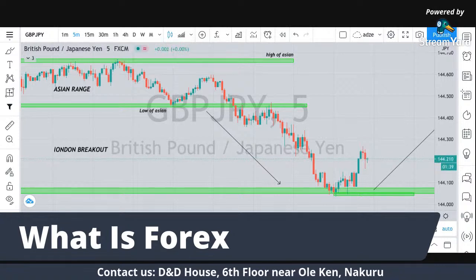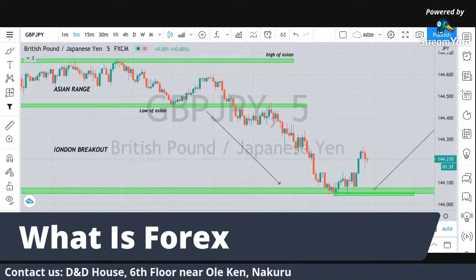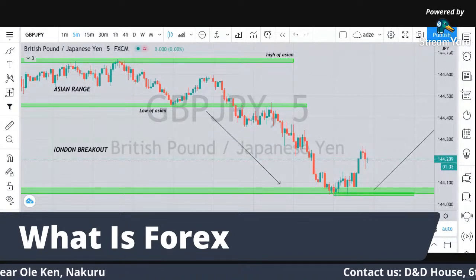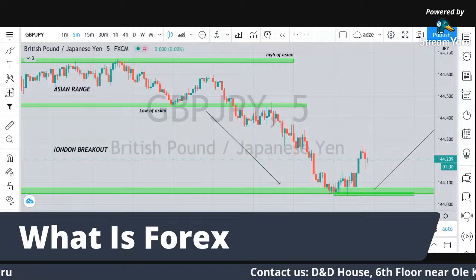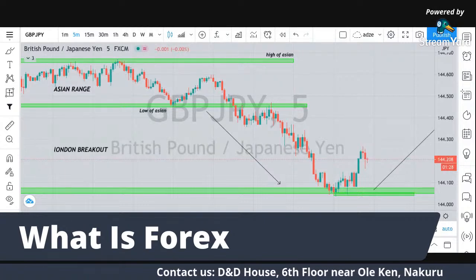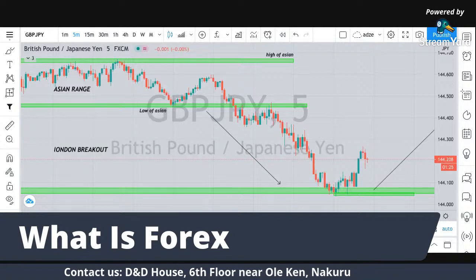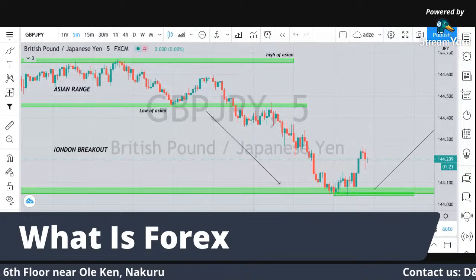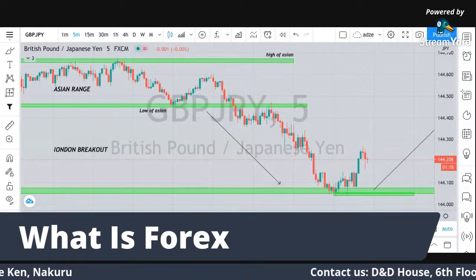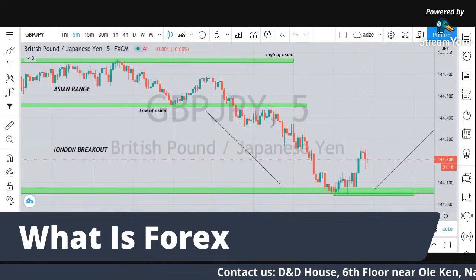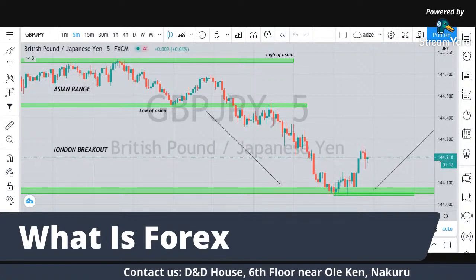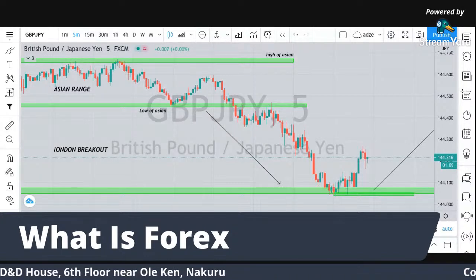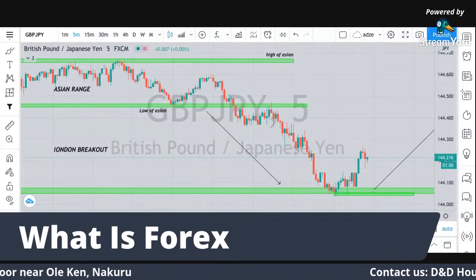There are different kinds of currency pairs. There are the major pairs: GBP/USD, GBP/JPY, EUR/USD. EUR/USD is the euro against the US dollar, so it is the European economy traded against the US economy.